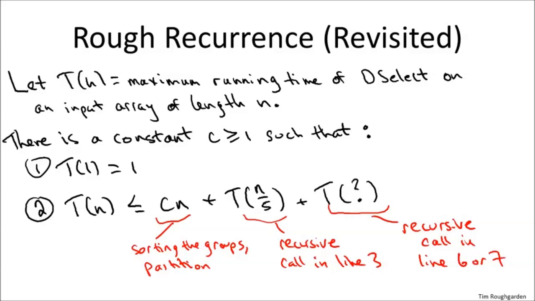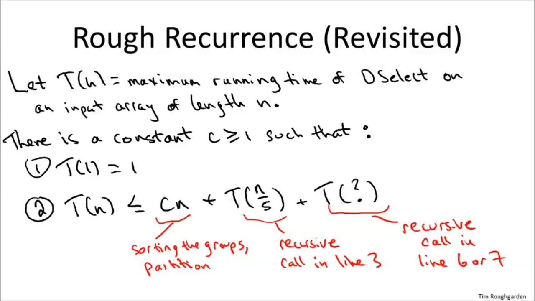Now, what's up with the recursive calls? Well, remember, there's 2 of them. First, there's one on line 3. This is responsible for helping choose the pivot. This one we understand. It's always on 20% of the input array, namely the first round winners. So we can very safely write T of n over 5 for the work done, in the worst case, by that first recursive call. What we didn't understand until we proved the key lemma was what's up with the second recursive call, which happens on either line 6 or line 7.